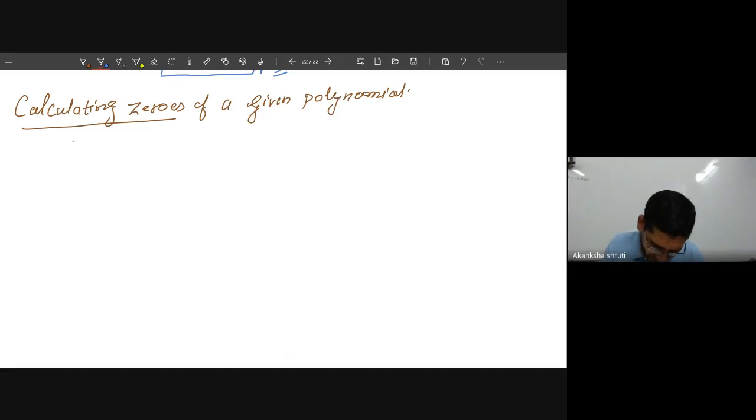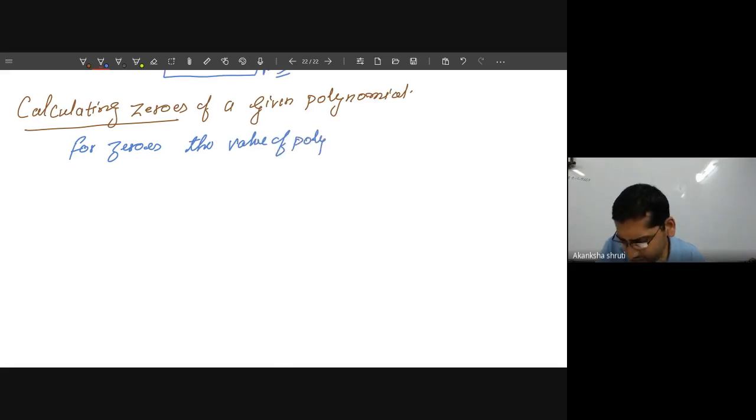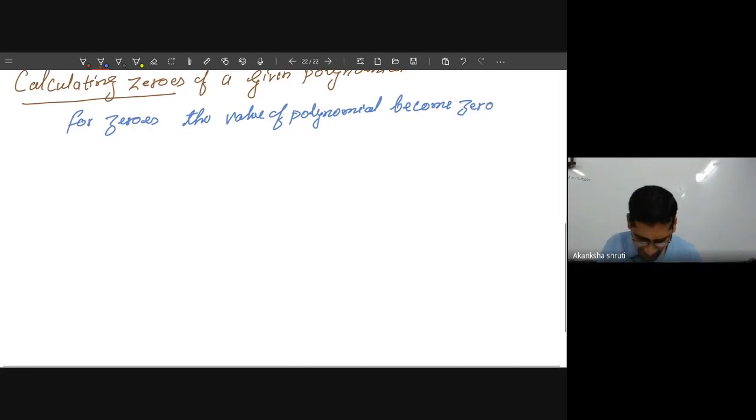So write, for zeros, the value of polynomial becomes 0. Means what? The x that we want to calculate, by equating the px equals to 0.